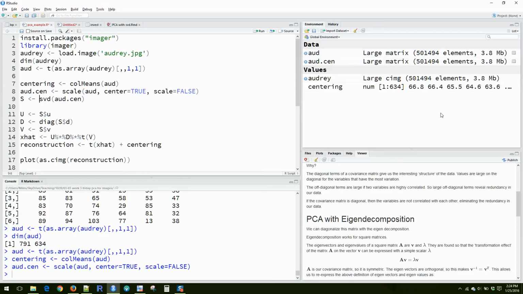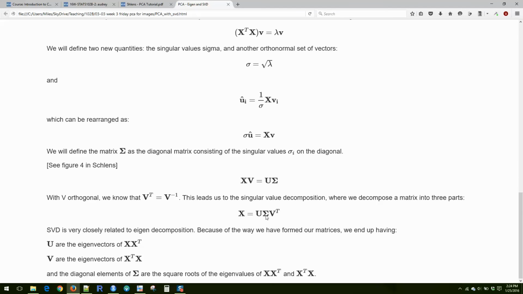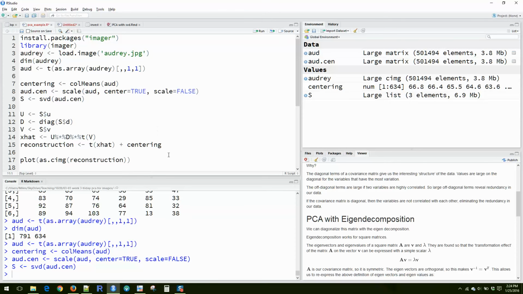That's just using the function SVD, and I'm going to store the results of SVD into S. What singular value decomposition does is it produces 3 elements, a U, a D, and a V. D is the sigma matrix, and it's just a vector of values, so we're going to have to turn it into a matrix here. And then V is the other set of eigenvectors here, okay?